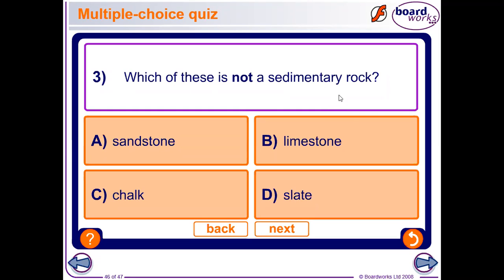Did you read all the choices? Okay, Kinsey. Limestone, sandstone, and chalk, as we said at the beginning of the session and the last sessions, are sedimentary rocks, sweetie. Slate is a metamorphic rock. So this is the only answer you have here.